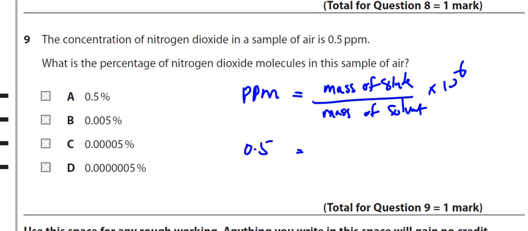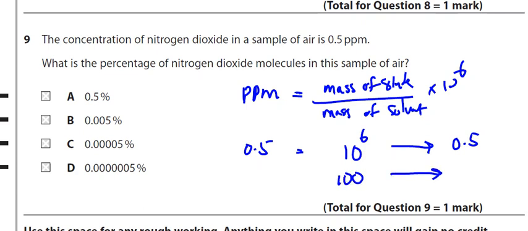So the question is, what is the percentage of nitrogen dioxide molecules in this sample of air? The thing is, we don't need to use this expression now, because we know 0.5 ppm means that if I take 1 million parts of the air, you'll have 0.5 parts of NO2. In 1 million parts of air, you have only 0.5 parts NO2. So the percentage means per 100, right?